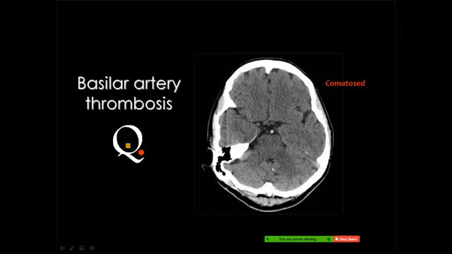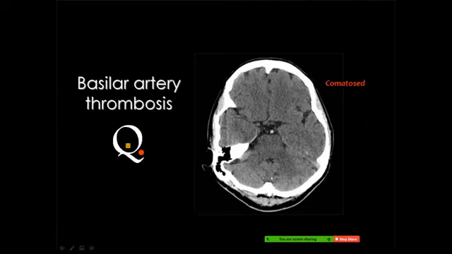You should go through the images to confirm the existence of this, because many times you may be confused by atheromatous calcifications in the basilar artery in old age, and you misdiagnose this as basilar artery thrombosis.